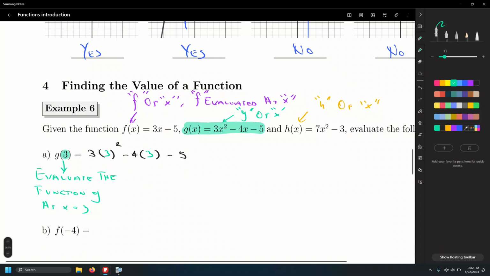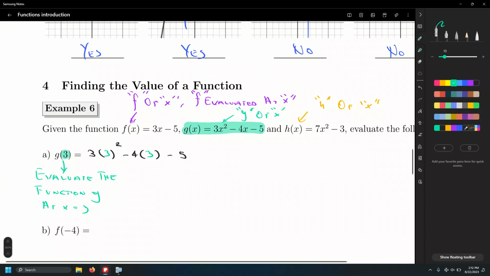And just follow the order of operations in accordance with PEMDAS. Here, what do we have? Parentheses, exponents. Yes, there are parentheses, but everything inside is already simplified. It's just the number 3. Square that, and then multiply by 3.